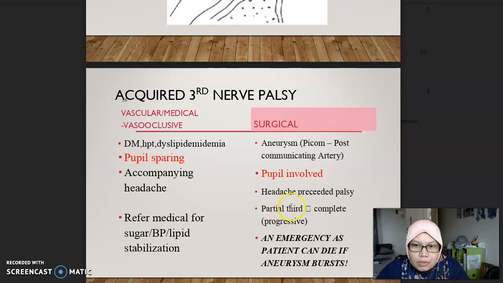Maybe it's a partial third going into complete. Maybe it's actually a surgical third in evolution. Therefore, if you see a patient with third nerve palsy but the sugar and blood pressure are controlled, you must think of something.